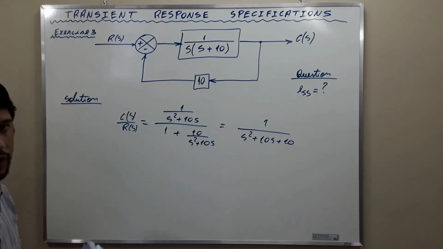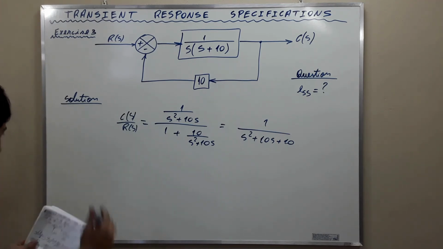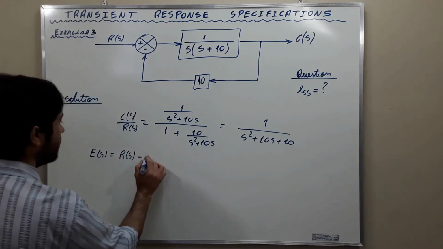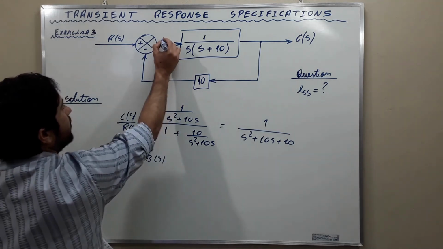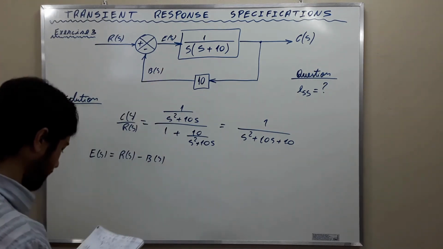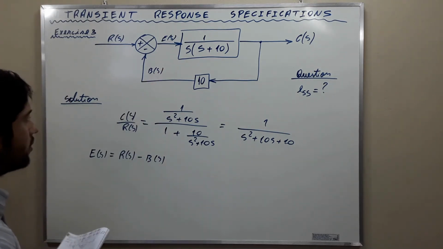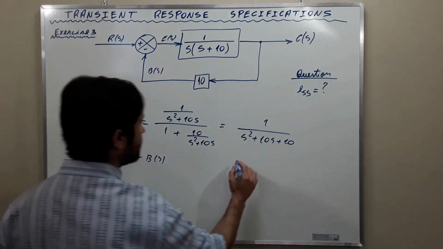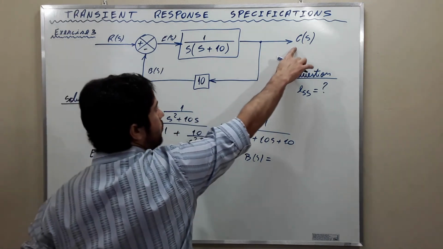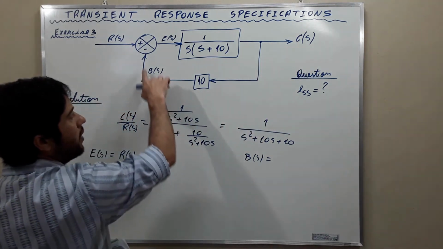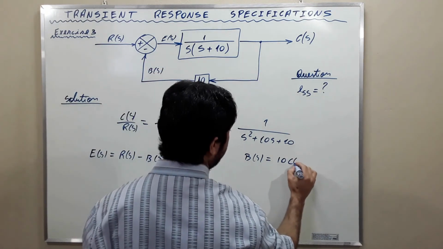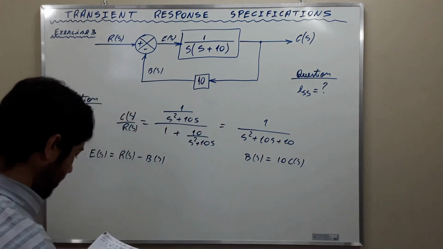The error transfer function may be obtained as E of S is equal to R of S minus B of S. E of S, the error, is here, and B of S is here. Okay? But B of S, as you can see, is 10 times the output because it is a feedback loop here. Okay, 10 times C of S. Then we substitute it here.